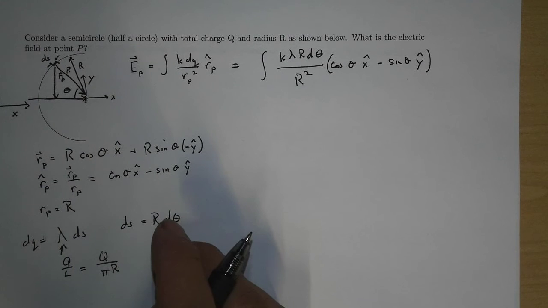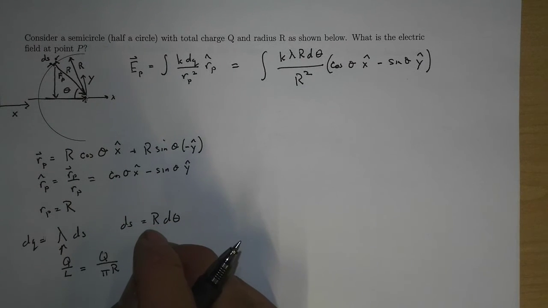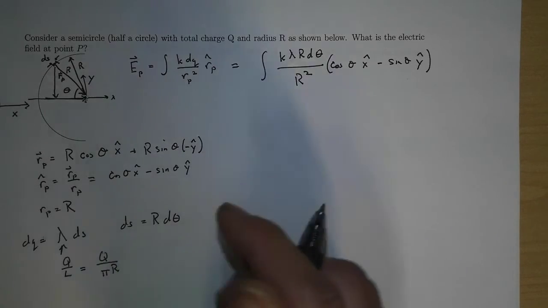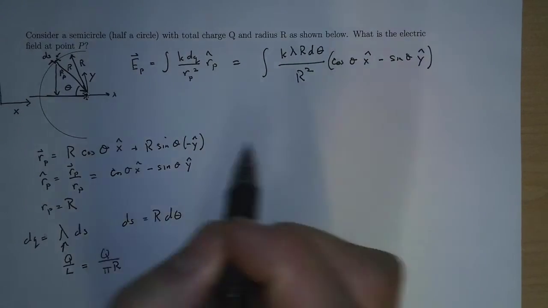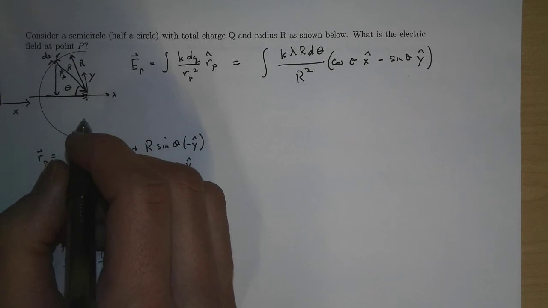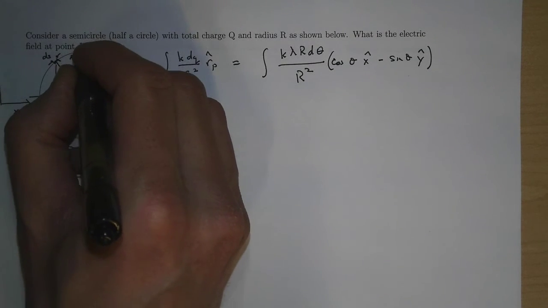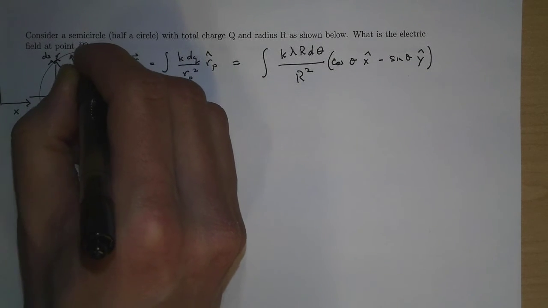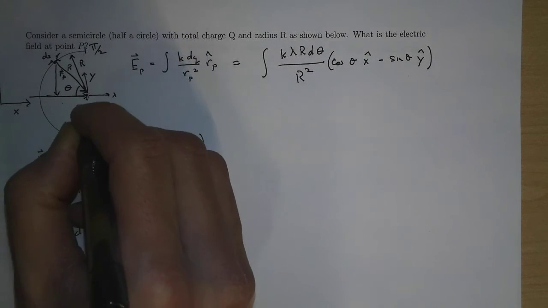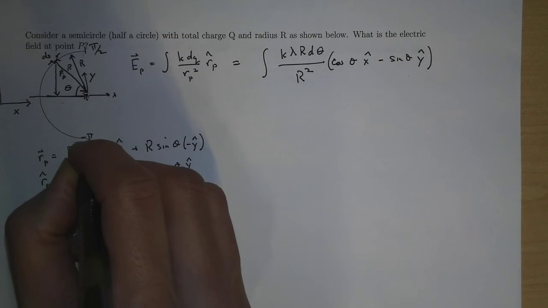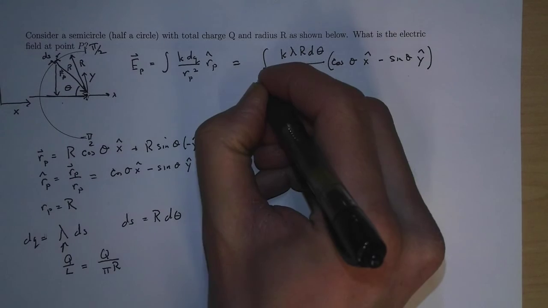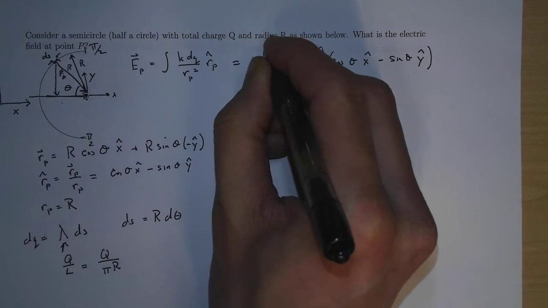Now, there are two ways to argue this, but I'm going to give you the simplest argument. The first thing we have to do is find the limits of integration. When theta is up here, it's pi over 2, and when it's down here, it's minus pi over 2. So this is actually from minus pi over 2 to pi over 2.